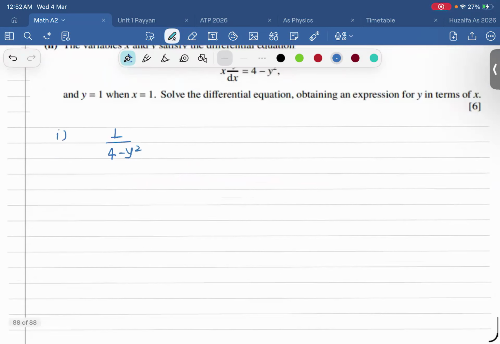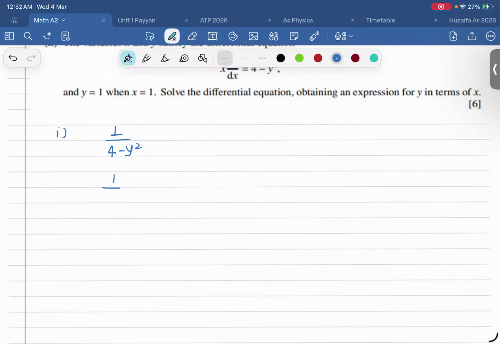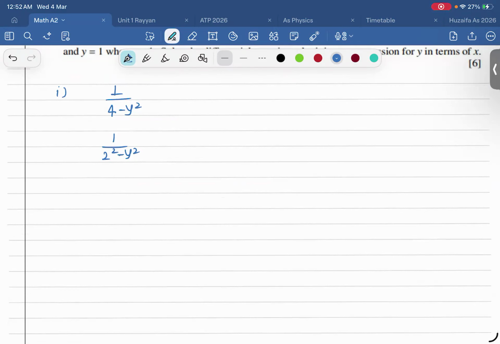So I can write this as 1 over 2 square minus y square, and I can rewrite this as 1 over 2 minus y and 2 plus y, right? And now I can make the differential equation, that is a over 2 minus y, plus b over 2 plus y, right?